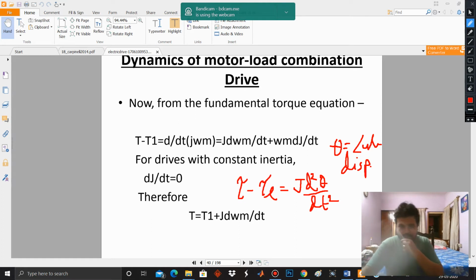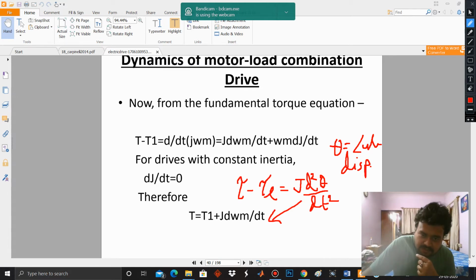Am I clear? It is the angular displacement. So what is this? This is a second order ODE.